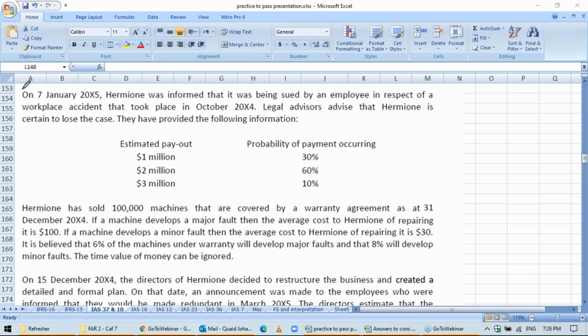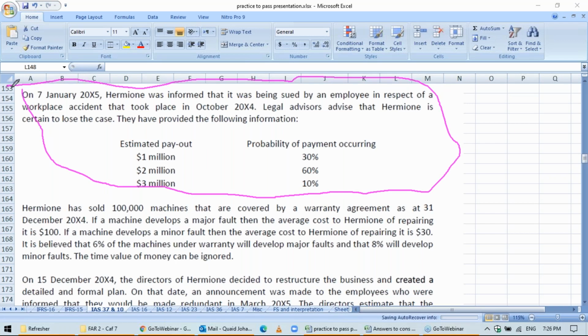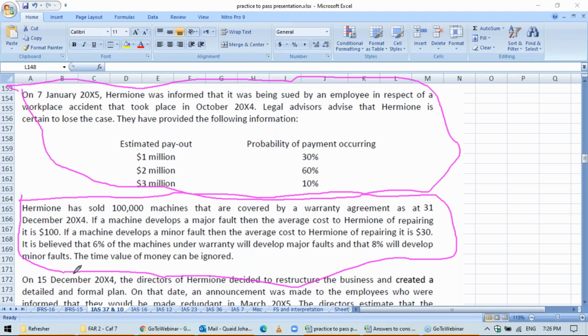One of the liabilities is that one of their employees has sued the company for some workplace accident. The second one is the warranty they give to the buyers of the machine they sell.